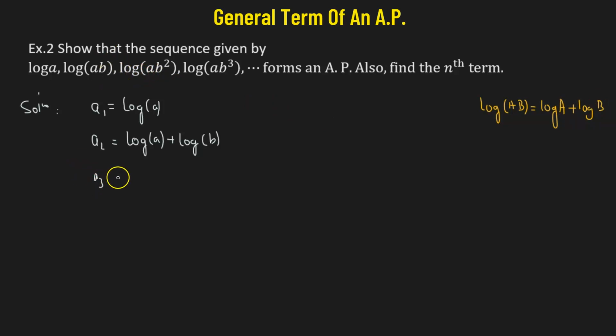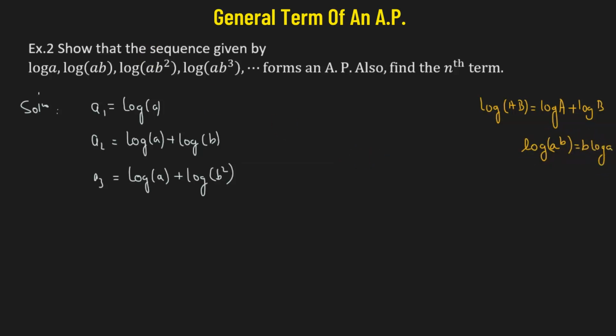Now let's go to the third term. Our third term a3 is given by log of ab squared. So we're going to get log of a plus log of b squared. Now we can further simplify log of b squared. Here we're going to use another property of logarithm that states that whenever we have log of a raised to the power of b, this will be equal to b times log of a.